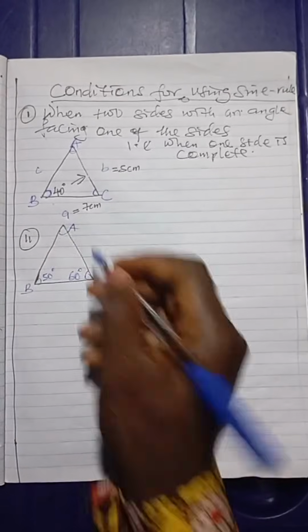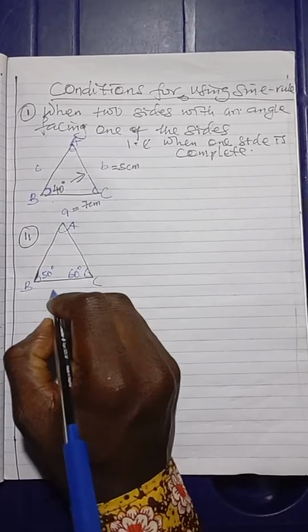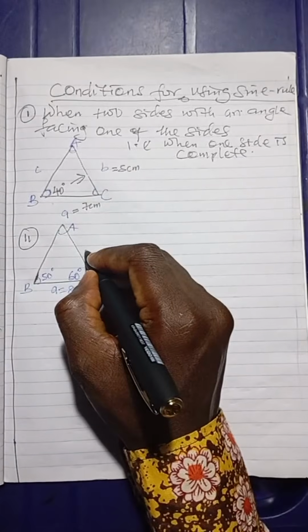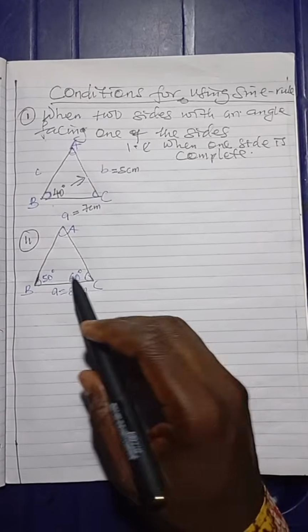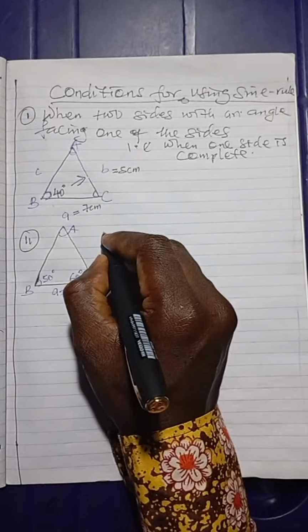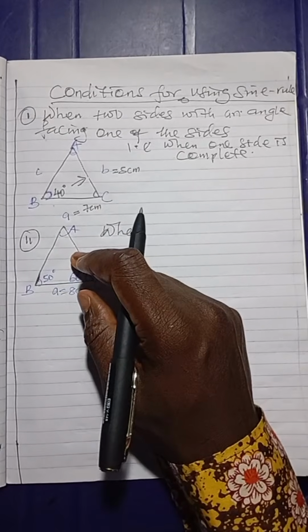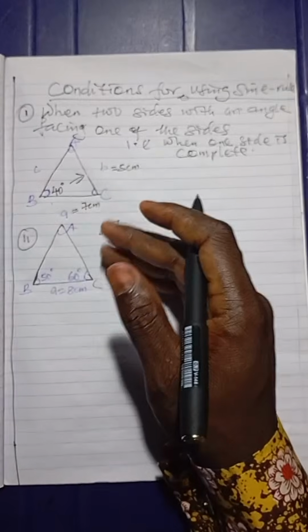Okay, this side is not given. So with just one side, let's say A is 8 cm here, then B is not given. Okay, here is not given, here is not given. In this particular condition, you can use the sine rule to solve for either the side or angle being required.